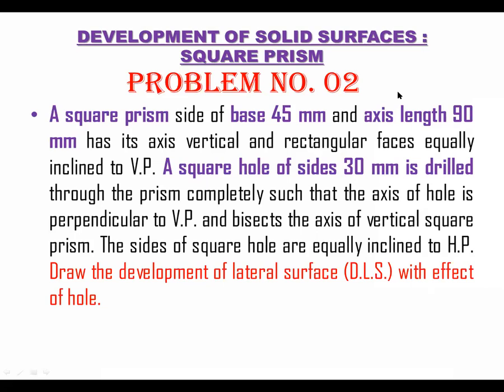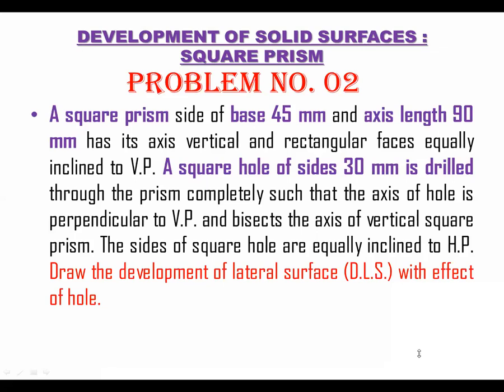A square hole of side 30 mm is drilled through a prism completely such that axis of hole is perpendicular to VP and bisects the axis of vertical square prism. The sides of square hole are equally inclined to HP, and the question is draw the development of lateral surface, that is DLS, with effect of hole.